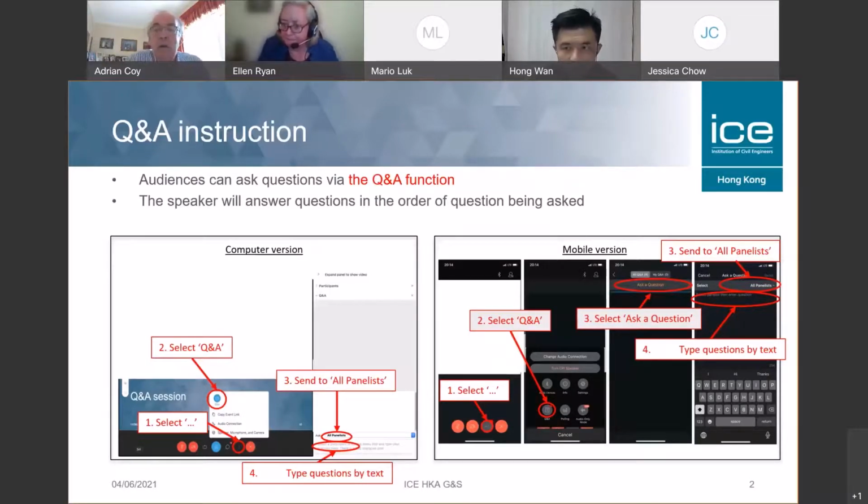Ellen, I think that question is referring to the reciprocal recognition arrangement. So would the legal requirements on master's level learning affect the current reciprocal recognition arrangement between ICE and other professional institutions?